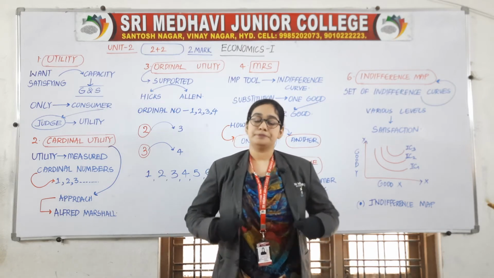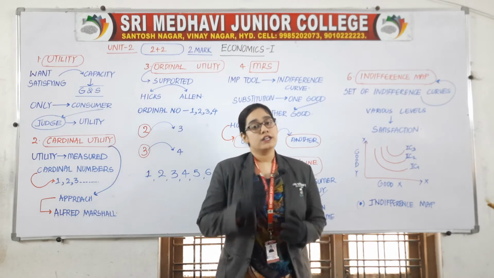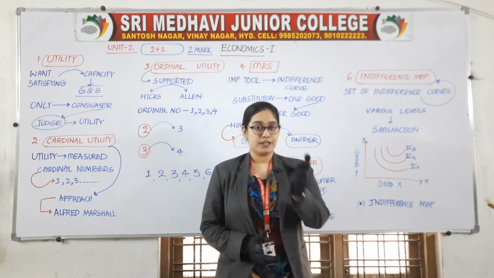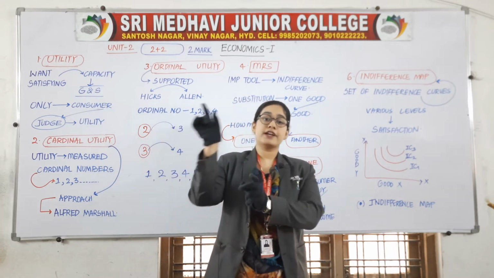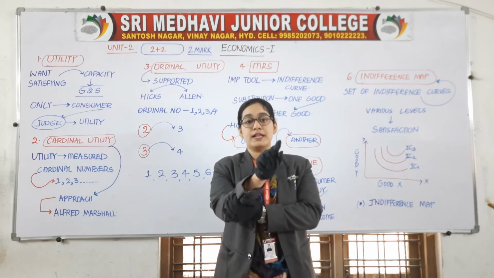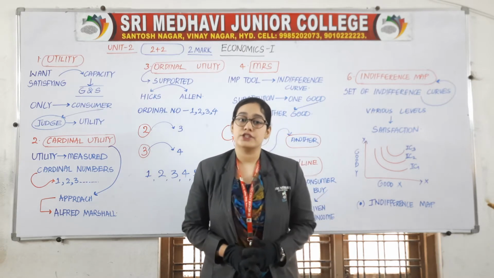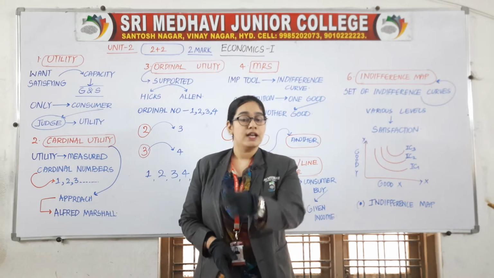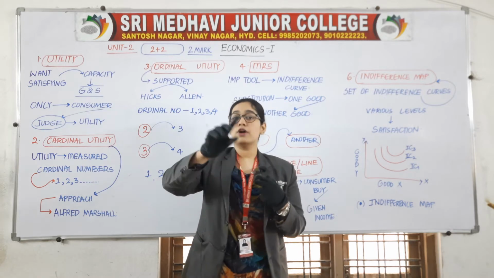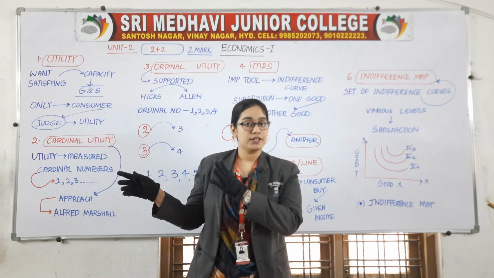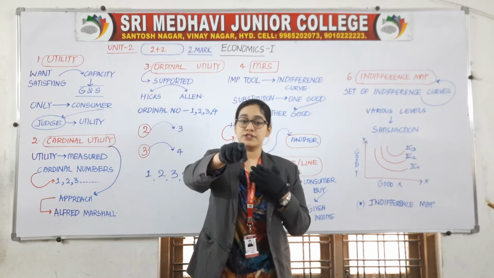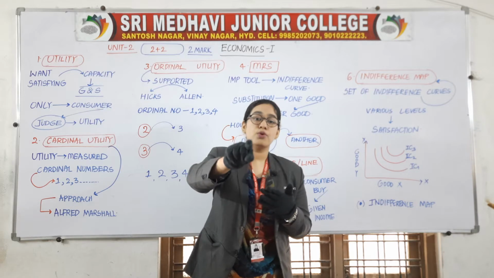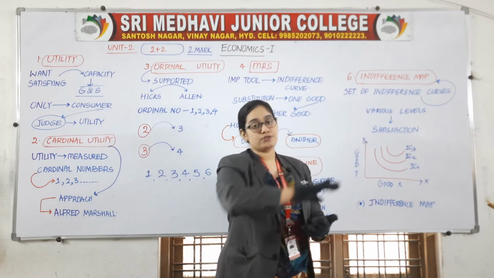For example, if you are consuming an apple, how much satisfaction you got from the apple, only you can judge, because you were the consumer. I cannot say you have got this much satisfaction, because I am not the real consumer. You have consumed the apple, so you only can judge the utility.